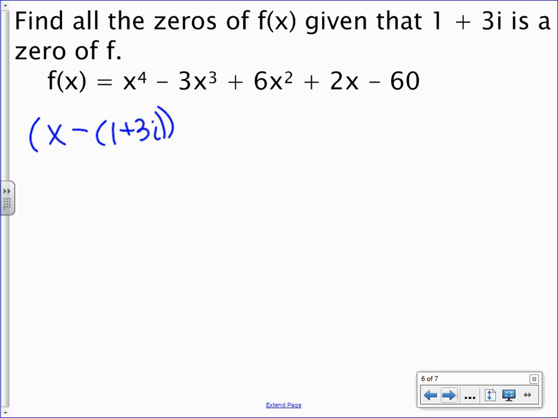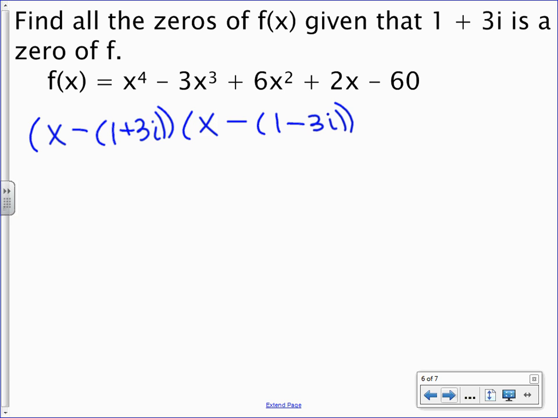Okay. You also told me what? Also, 1 minus 3i is a 0. I have 2 factors of my polynomial, which means they will do what to our polynomial? If we have factors, what happens when we divide?